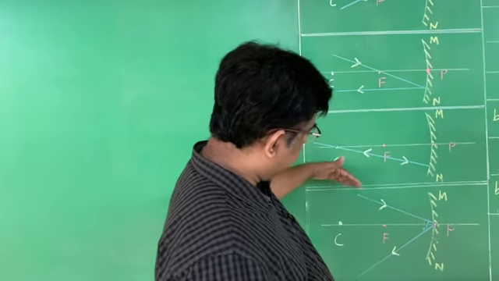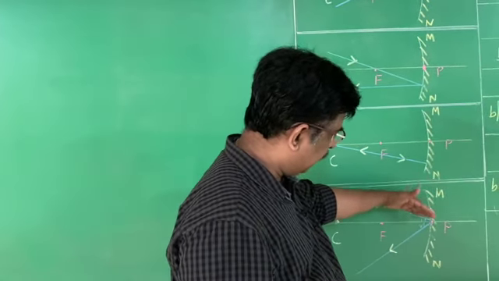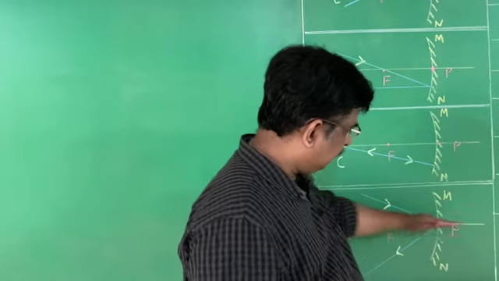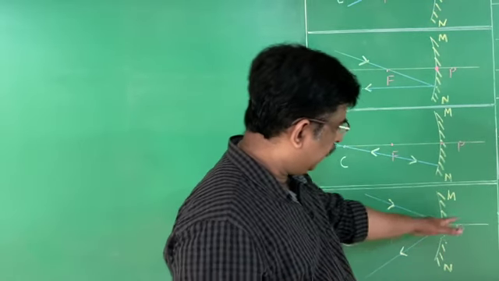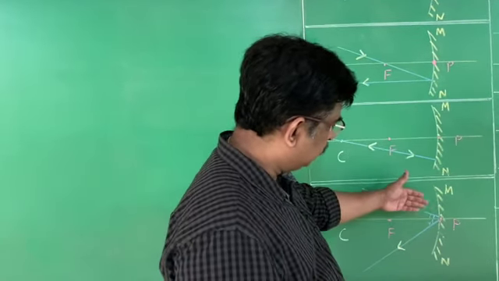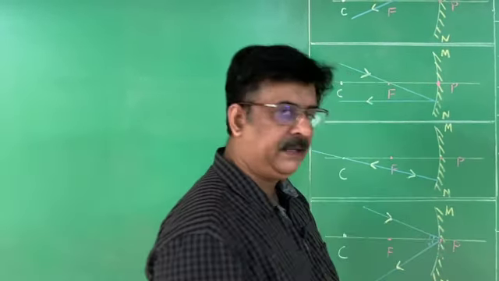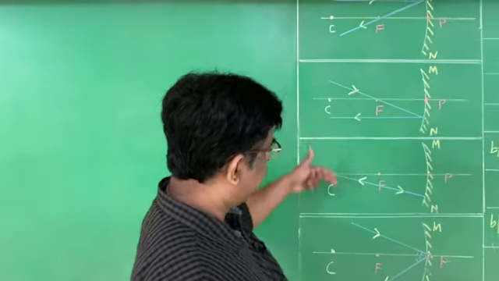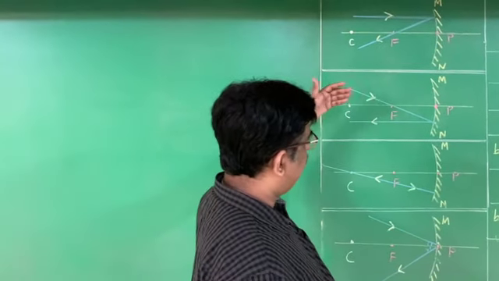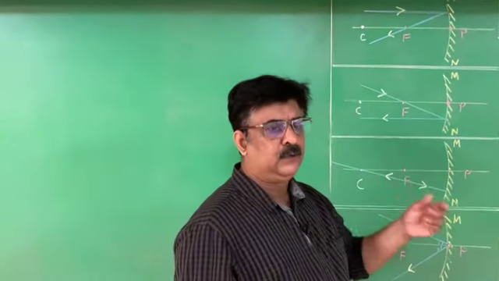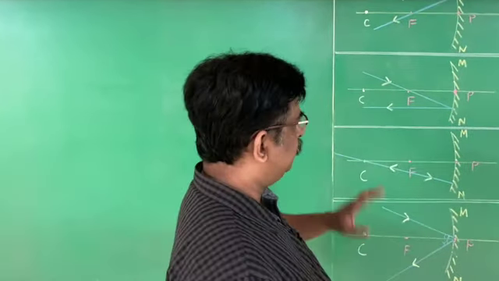And any ray which is incident on the mirror obliquely to the principal axis at the pole of the mirror follows the laws of reflection at the pole of the mirror. So the 4 conditions are there. Out of the 4 conditions, we have to select any 2 conditions to write the ray diagram. There is no hard and fast rule.